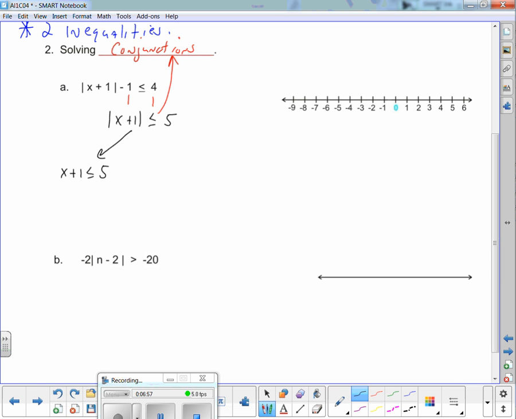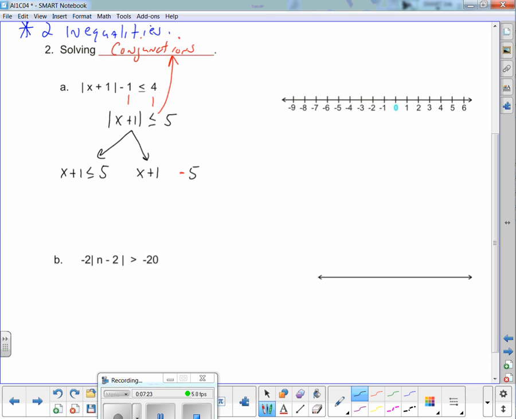Second way. Remove the absolute value. Don't get ahead of me. Put a negative on the other side. And this is what you've got to remember using the book's method. My method mathematically takes care of this.